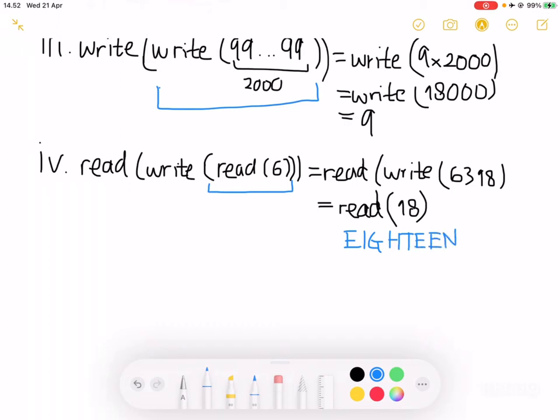There will be 8 letters, and that will be 18, 8. 18 times 8 will be 144. There we go. So this is our value.